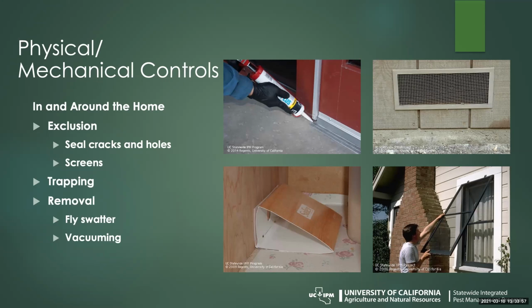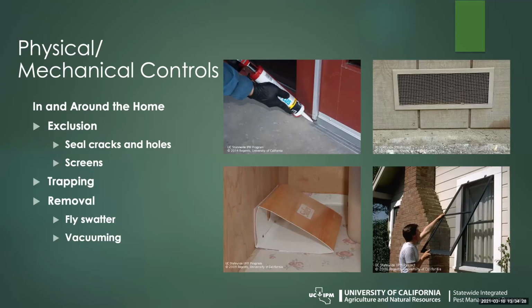There's using traps to trap some pests, and traps can be used for a couple things in IPM. Traps can be used for just monitoring, to see where the pests are, where they are in the home, where they are in the landscape. Some traps are useful for knowing the number of flying insects you might have in your tree or in your garden.